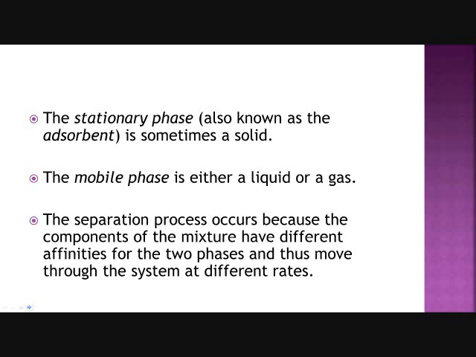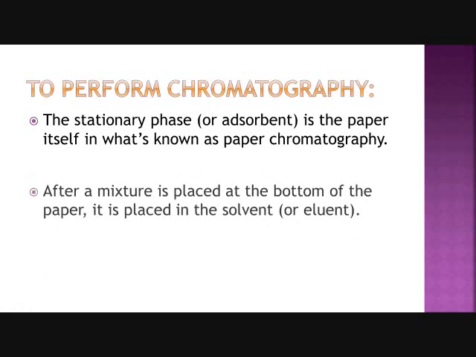So what happens is the liquid will travel, and then eventually it will get stuck to the paper, and theoretically each part of the solution will get stuck to the paper at a different height. And so then you can identify what they are from that.